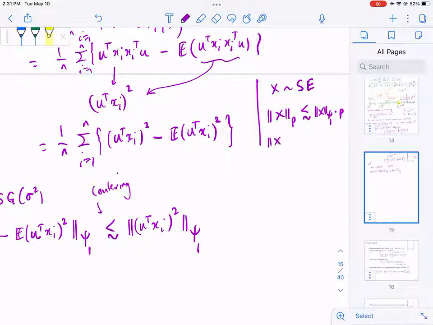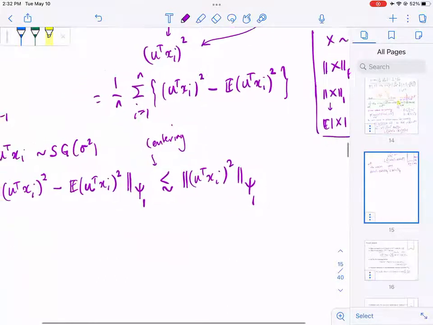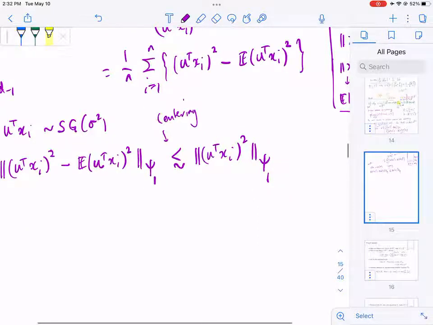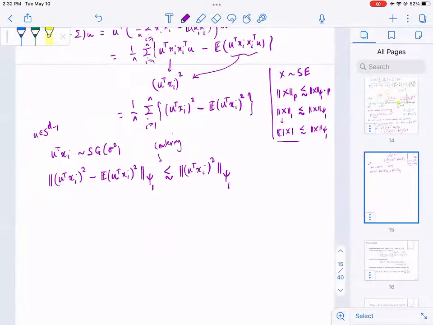So the L1 norm, this is just the expectation of the absolute value of x, would be bounded by the psi1 norm. What we're doing here is applying this to our x. If you do the triangle inequality, that basically shows the centering level is the same thing.